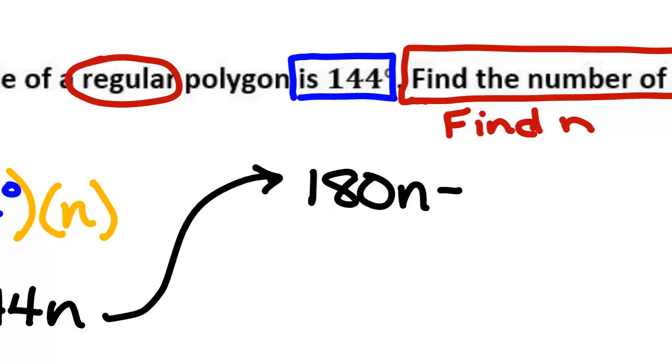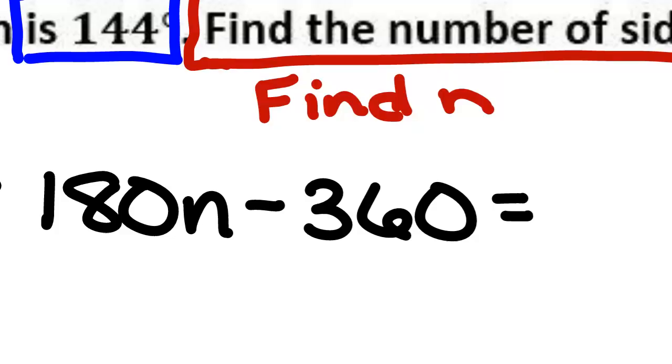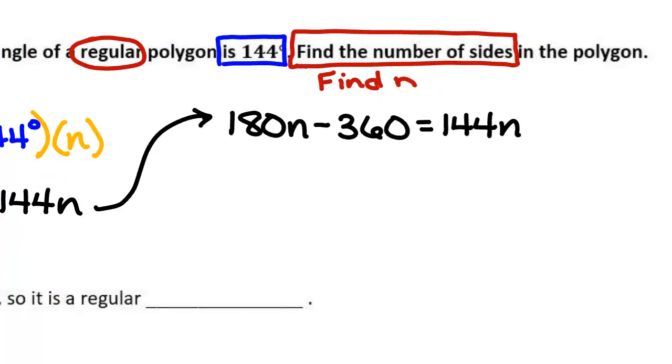Minus 180 times 2. What is 180 times 2? Close. 360 equals 144n. What do you think I need to do now?